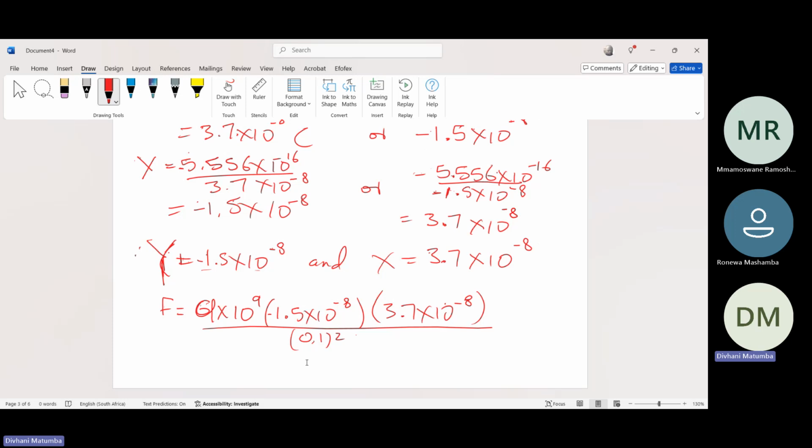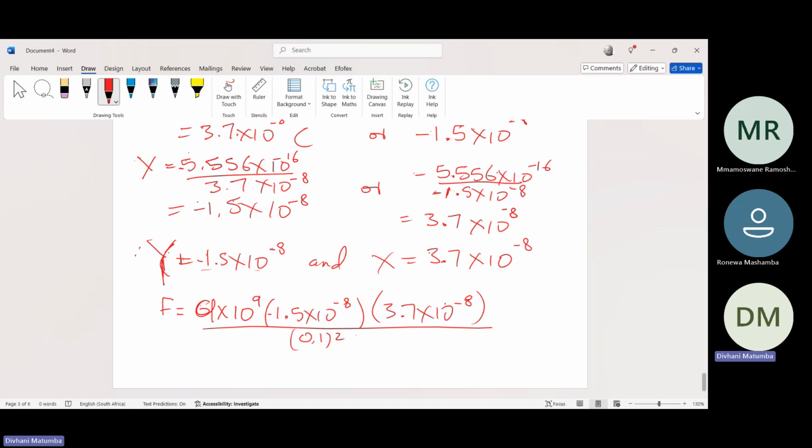Okay, so we have 9 times 10 to the power of 9 times minus 1.5 times 3.7 times 10 to the power of minus 8 times 10 to the power of minus 8, divided by 0.1 squared.